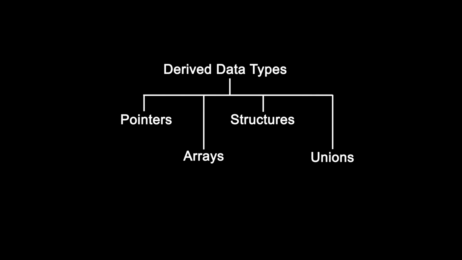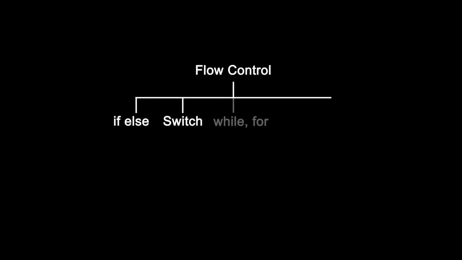C provides the fundamental control flow constructions required for well-structured programs: statement grouping, decision making such as if-else statements, selecting one of a set of possible cases which are the switch case statements, looping with the termination test at the top which are the while and the for loops, or at the bottom which are the do statements, and early loop exits like the break statements.